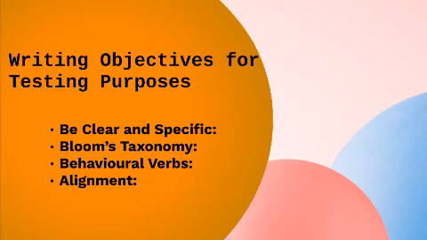The third point, behavioral verbs. Educators should use action verbs such as analyze, compare, evaluate, to name a few, to describe the expected student behavior. These verbs guide the creation of test items.